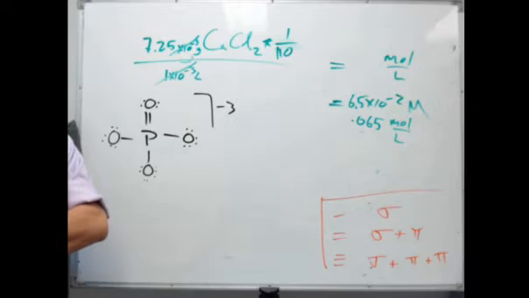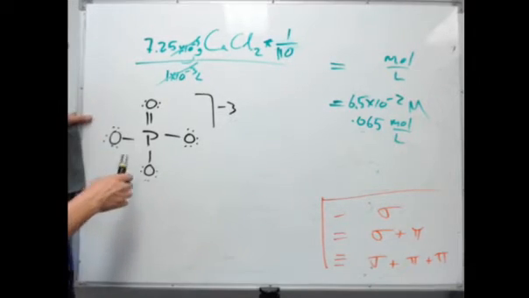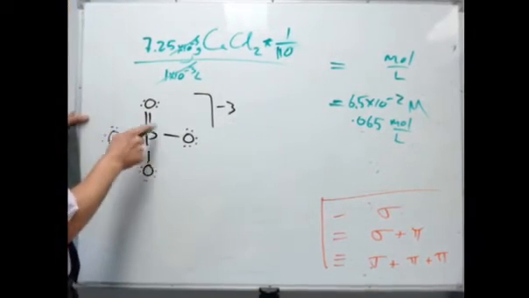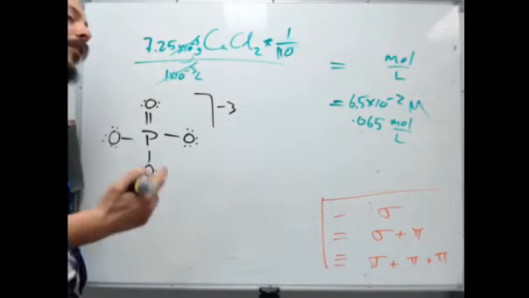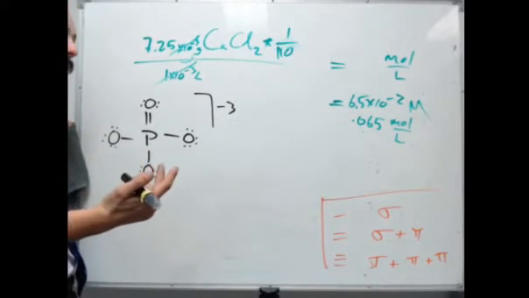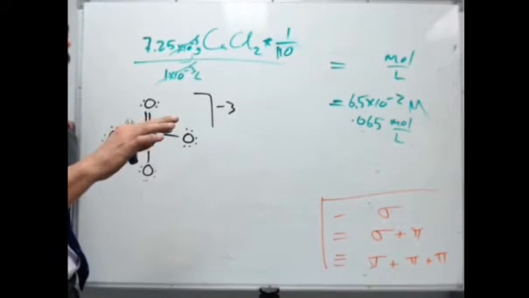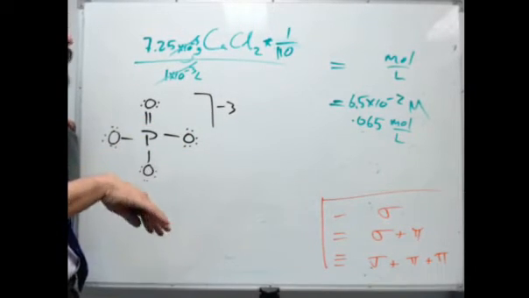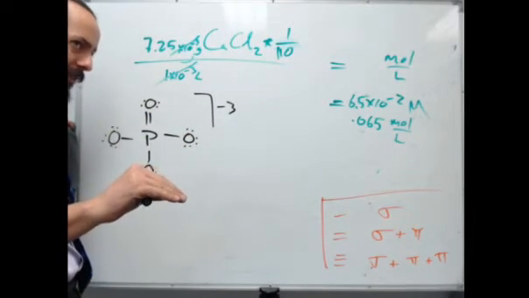Wouldn't the double bond be a little bit shorter, but since it's a resonance structure, it doesn't matter? Technically, yes. When we draw the Lewis structure, we say double bond, single bond, single bond, single bond. Part of the reason we need resonance structures is that the idea of the double bond being shorter works fine when there's not a resonance structure.